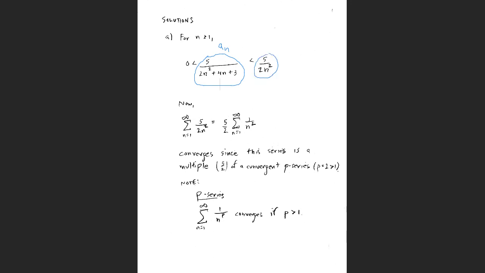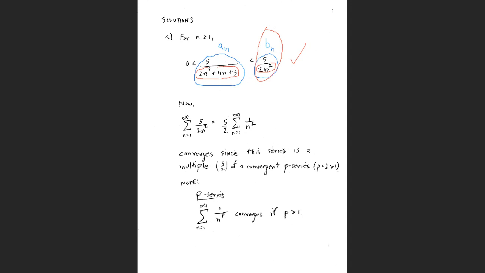The AN sequence term by term would be less than the BN sequence term by term, because the denominator is what makes the problem hard. 2n squared plus 4n plus 3 is greater than 2n squared, so this inequality has to be true. And this term, 5 over 2n squared, I had to come up with that.